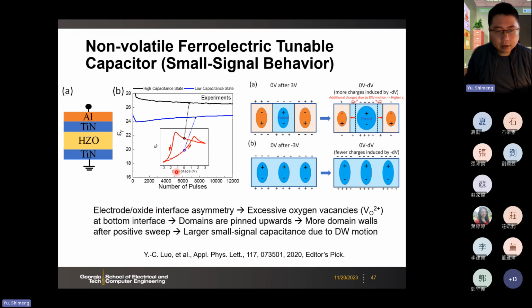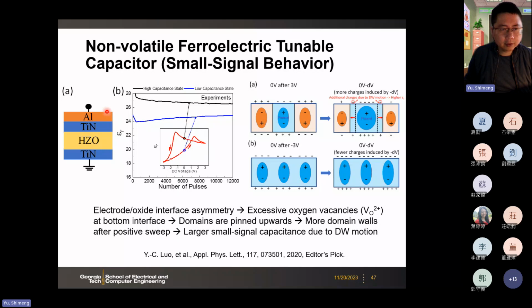So this relies on the asymmetry of the CV, which is weird actually, because ideally, if you have a capacitor like this, because the structure will be symmetric, then the butterfly curve, as I showed earlier, will be symmetric. So at 0 voltage, you should not have a gap between high and low capacitance states, ideally for a symmetric structure, because there's no way to differentiate.